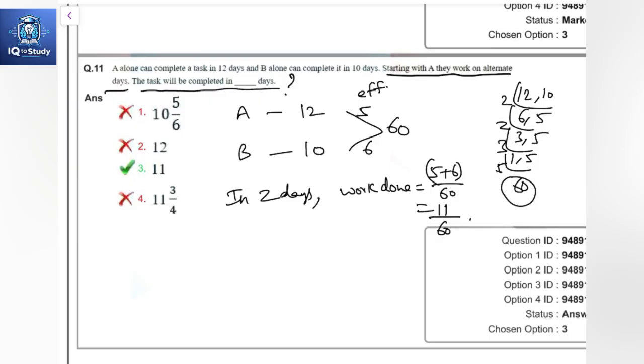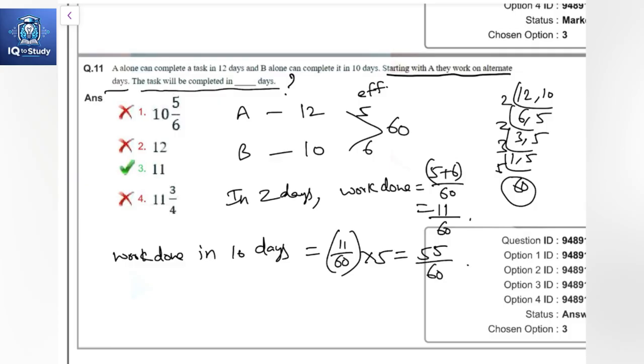They have given they work on alternate days starting with A. So work done in 10 days is equal to 11 by 60 into 5 which is equal to 55 by 60. So the remaining work becomes 1 minus 55 by 60 that is equal to 5 by 60 which implies 1 by 12.